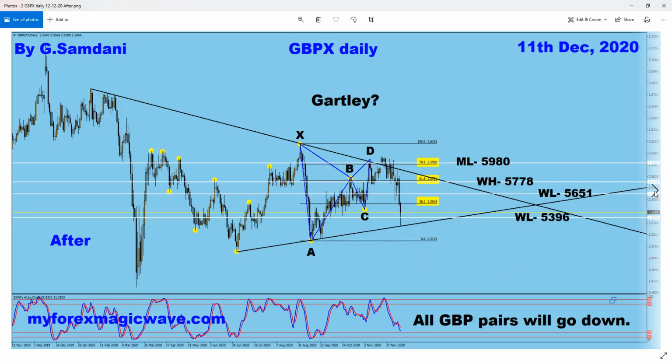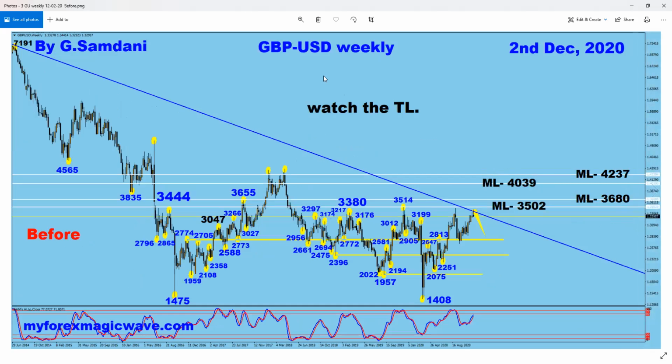So what happened? On the basis of that, I made this pound USD chart on the 2nd December. And I've been making new and new charts, but this was a very, very important chart because there was a TL 35.02, big number, and 35.14 was the final target.